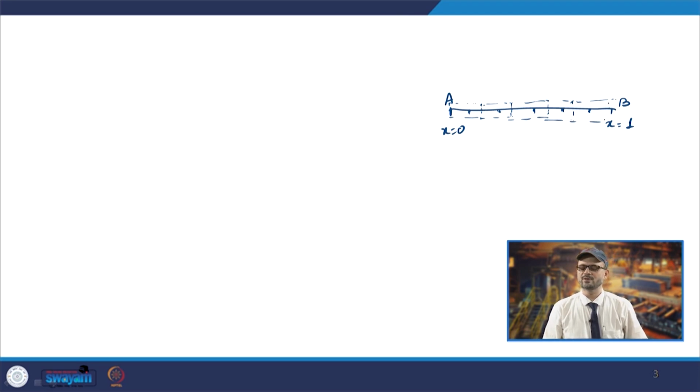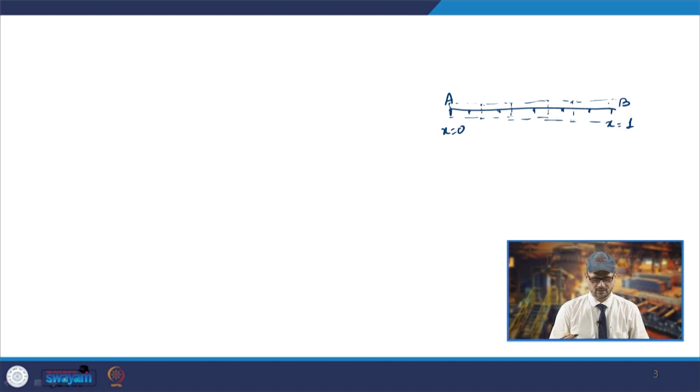Now, what we have already studied earlier is that we will have a similar type of expression for the nodes 2, 3 and 4, whereas for 1 and 5 we will have somewhat different expressions because of finding the value at this boundary point.